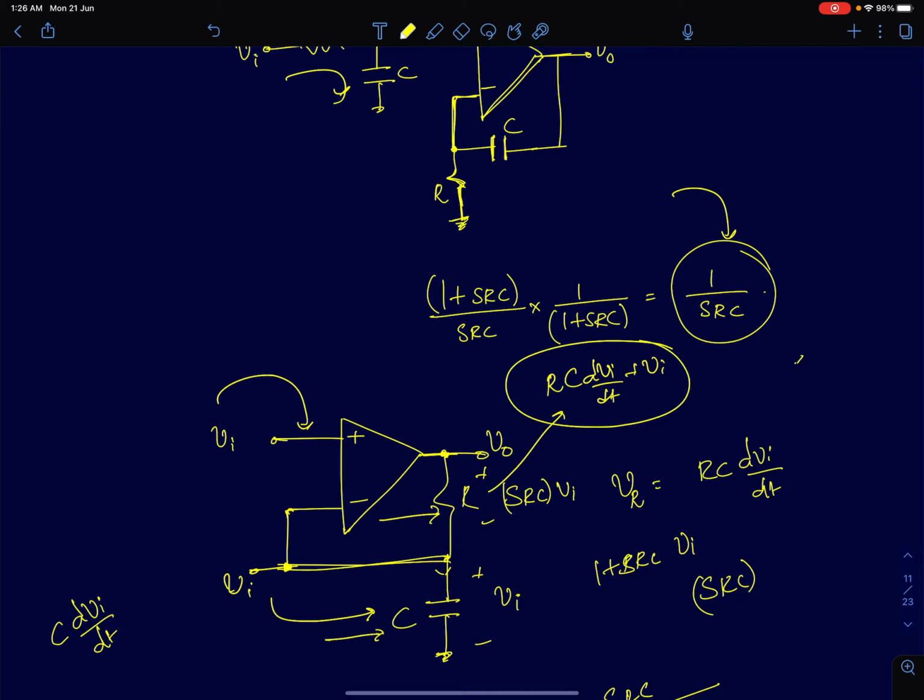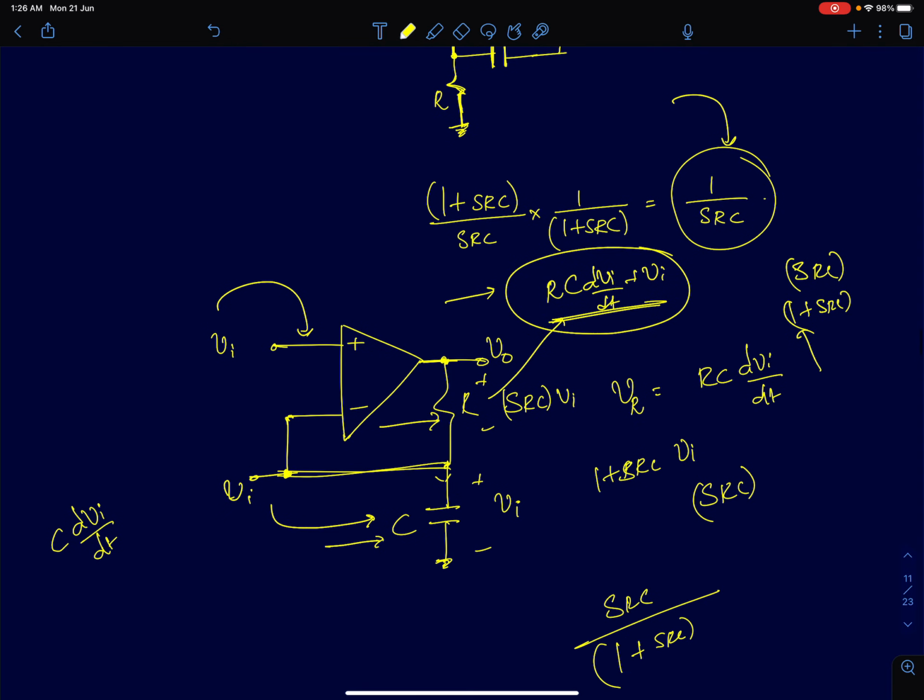So the desired transfer function is SRC. But what I am getting here, if I take the Laplace transform of this term, is 1 plus SRC. So I need to get rid of this term 1. Now one thing we can look at is, if I want a transfer function SRC starting from 1 plus SRC, I can multiply this with SRC by 1 plus SRC, a simple high pass filter realized using a passive RC circuit.